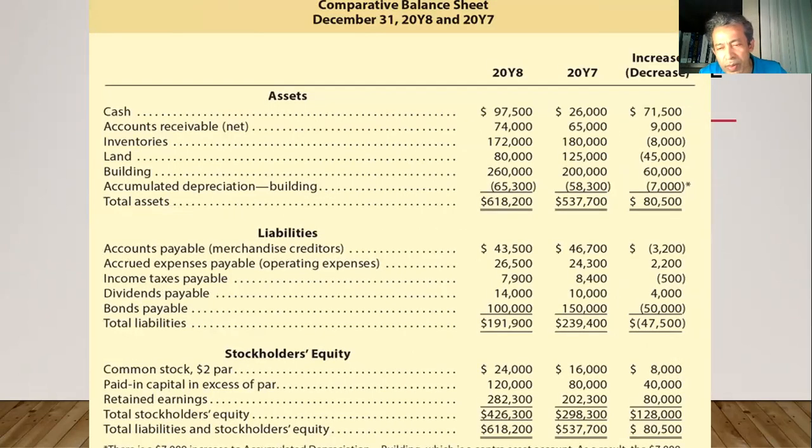Accrued expenses for operating expenses has gone up. So accrued expense going up means we paid less. So minus increase in accrued expenses by $2,200. So 196 minus 2.2 is 193.8.